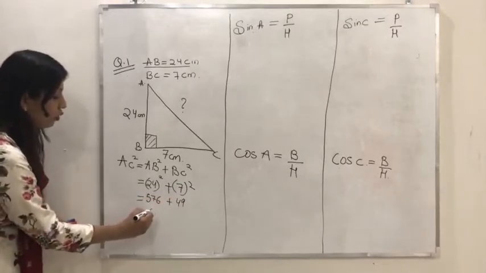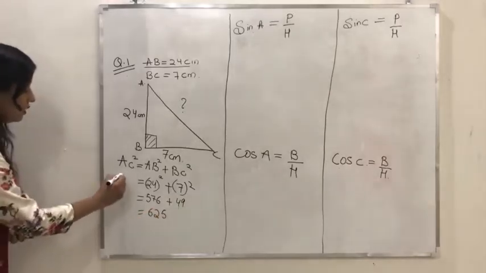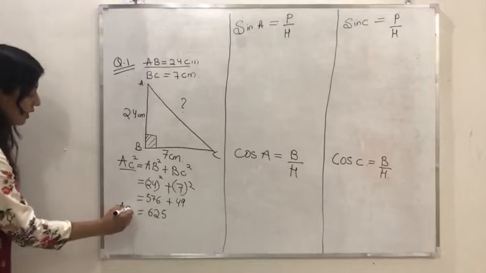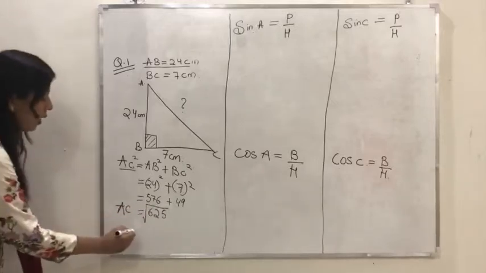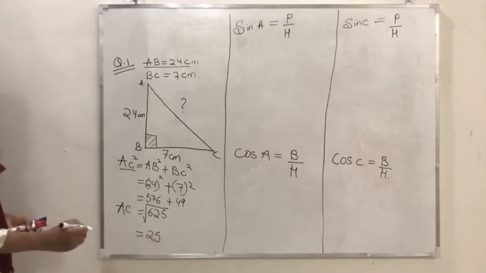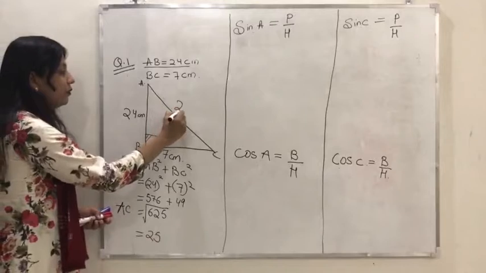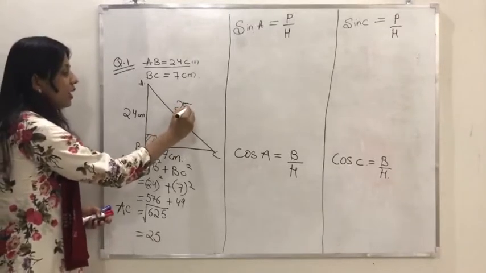So this will give you 625. So this is your AC square. So AC will be square root of 625, and square root of 625 is 25. So the value of AC is 25.